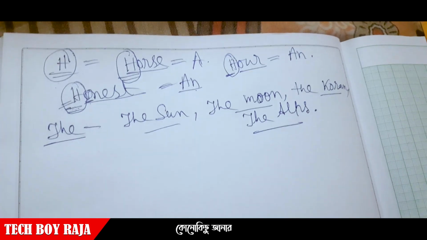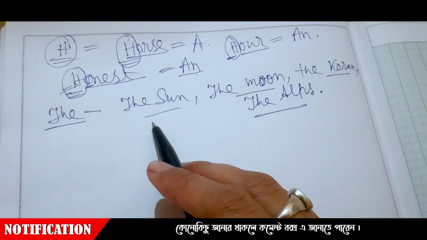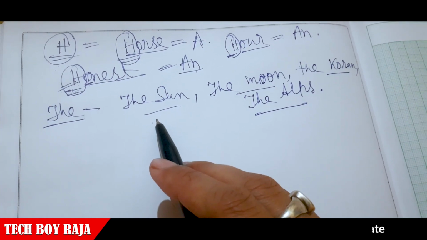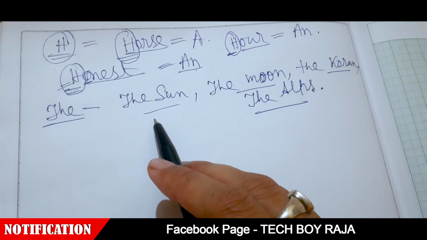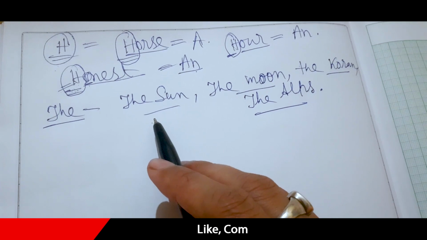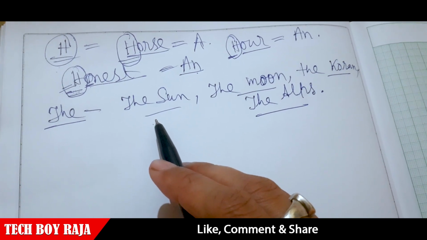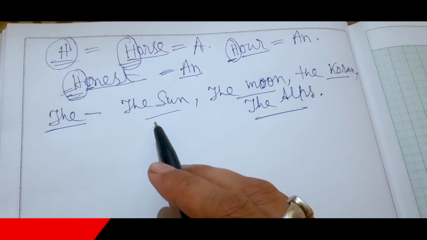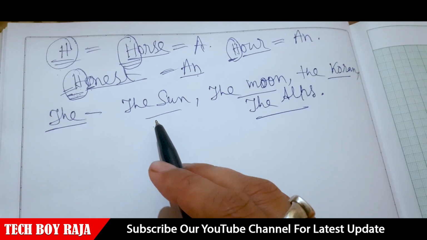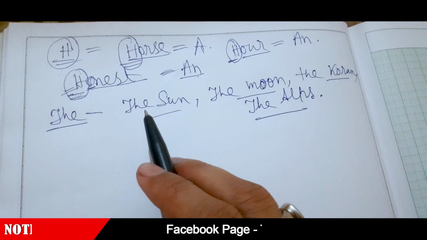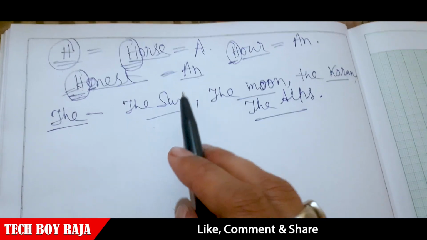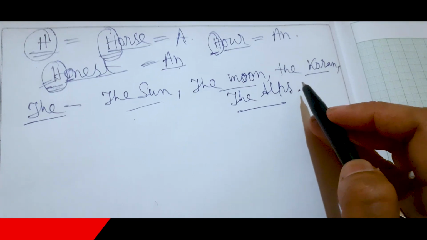See, whenever we are particularizing any object, which is one at a time on earth, or one that we have to talk about in particular, maybe it is a person, maybe any object, there we have to use the definite article, that is the. Instead of the, no other articles will be used there.